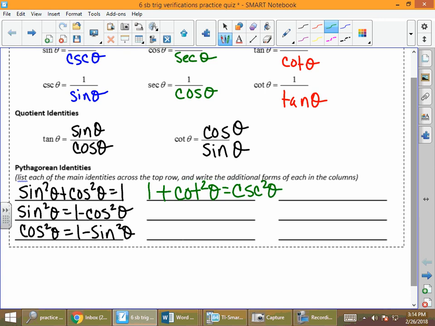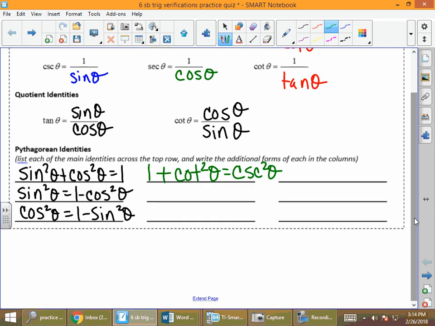And we could rearrange these so that we could say that cosecant squared theta minus cotangent squared theta equals 1 when we subtracted cotangent from both sides. Or we can say that cotangent squared theta equals cosecant squared theta minus 1.